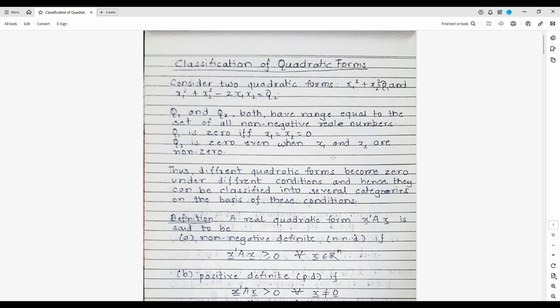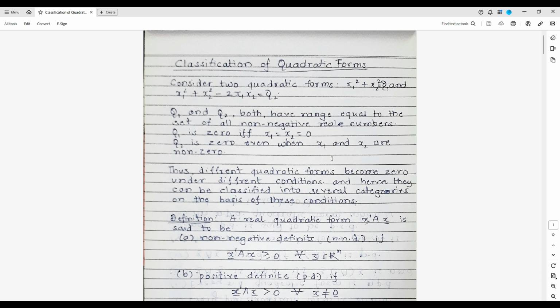For example, if you take x1 equal to 1, x2 equal to 1, then you will get x1 square 1, x2 square 1, and twice x1 x2 will be again 2. So 1 plus 1, 2 minus 2, 0. So even when x1, x2 both are non-zeros, q2 is becoming 0. So it's of interest to notice that different quadratic forms become 0 under different conditions.